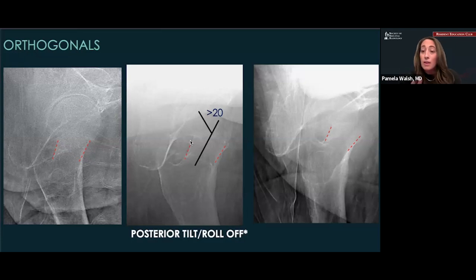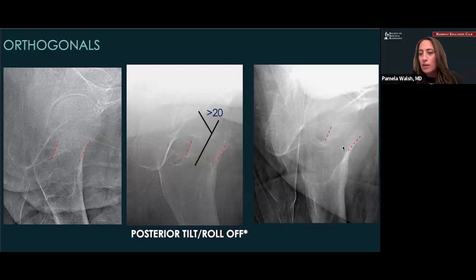So this may look not displaced on our frontal view, but when we look at this orthogonal, there is a bit of displacement here. So that's important, and the surgeons really want to look at that, because if there's greater than 20 degrees of tilt or retroversion of the fracture, then they're going to consider that displaced and think about alternative ways to fix that fracture.